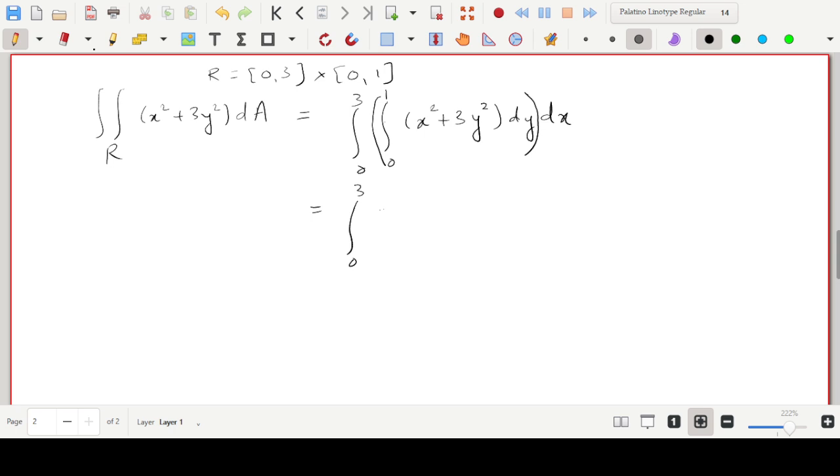So this will be x square y plus the integral of 3y square, which is 3y cube over 3, so just y cube.